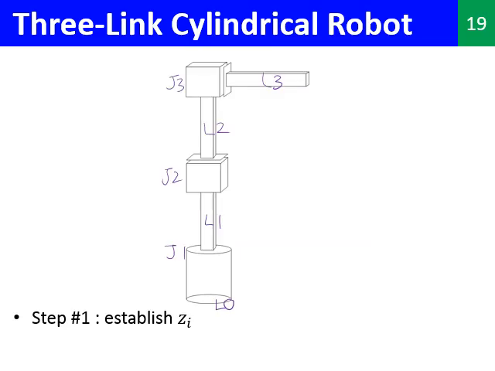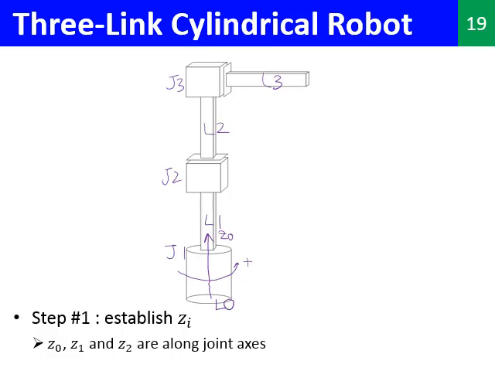Okay. And the step 1 is to establish Zi's. So we will assign all the Z axes to the joint actuation directions. Okay. So for the joint 1, the actuation direction would be vertically upwards. Therefore, we will assign Z0 like this, and assuming that this is our positive direction. Okay.